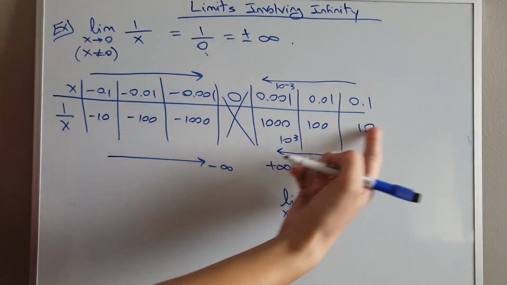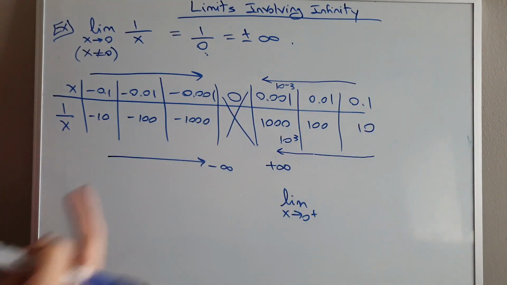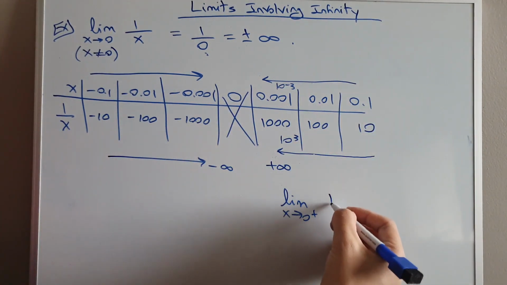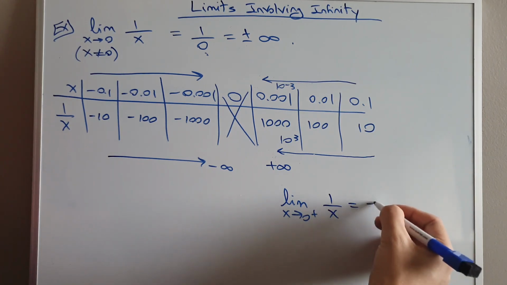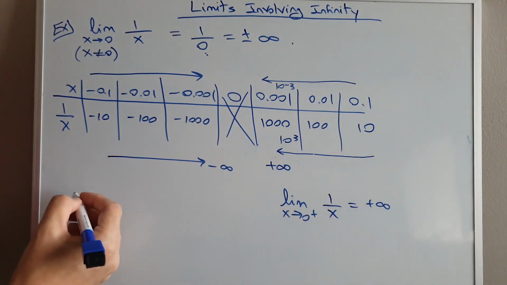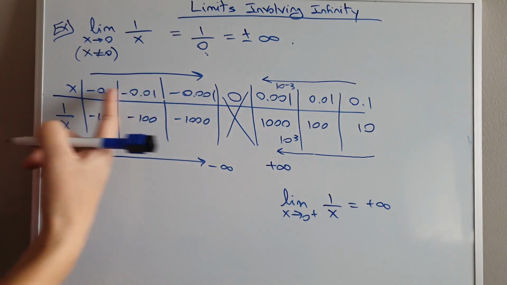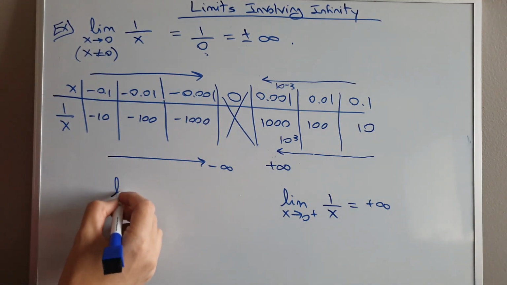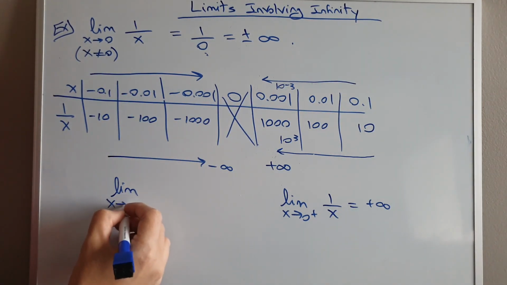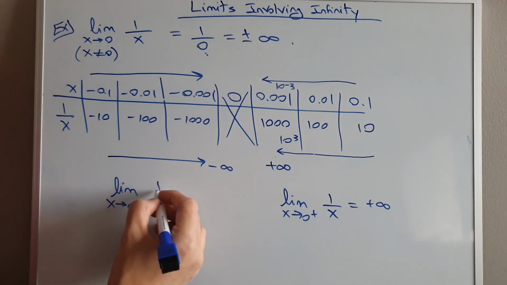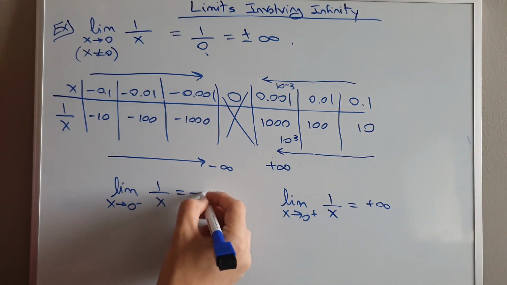So if I'm approaching 0 from the right side by taking values bigger than 0, the limit will be positive infinity. And if I'm approaching 0 from the left side by taking values less than 0, so it's 0 minus, the limit will be minus infinity.